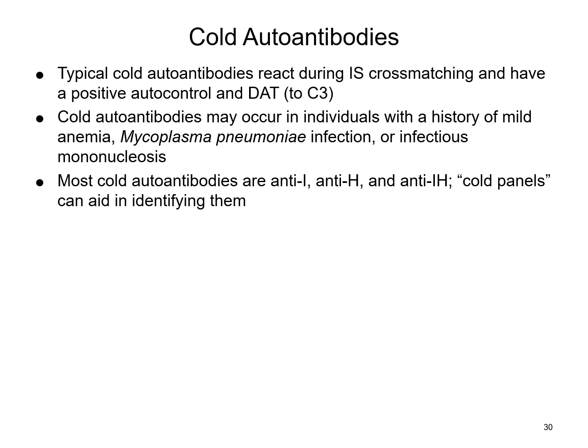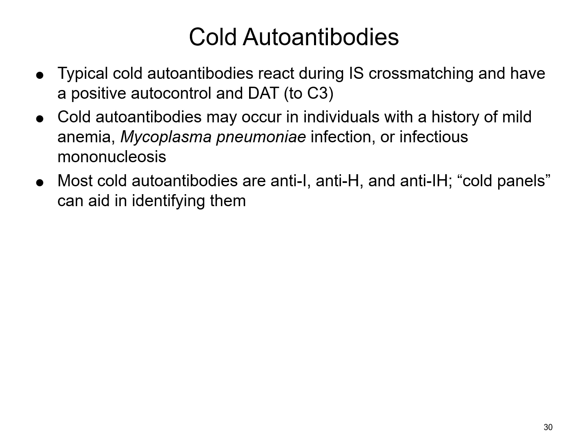Cold autoantibodies can happen in individuals who have a history of anemia as well as Mycoplasma pneumoniae or infectious mononucleosis. So you get some of those abnormal proteins in there that cause those cells to agglutinate. Most of your cold autoantibodies are anti-I, anti-H, and anti-IH.